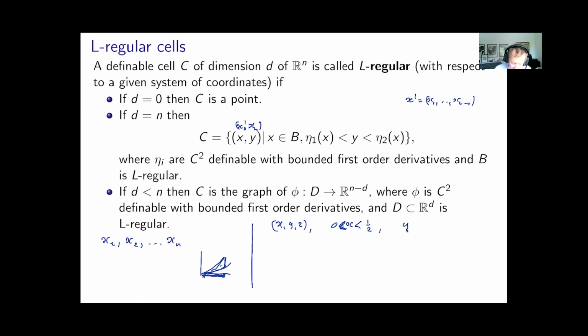Y will be between x squared and x, and z will be between 0 and something, open, given by a monomial inequality.